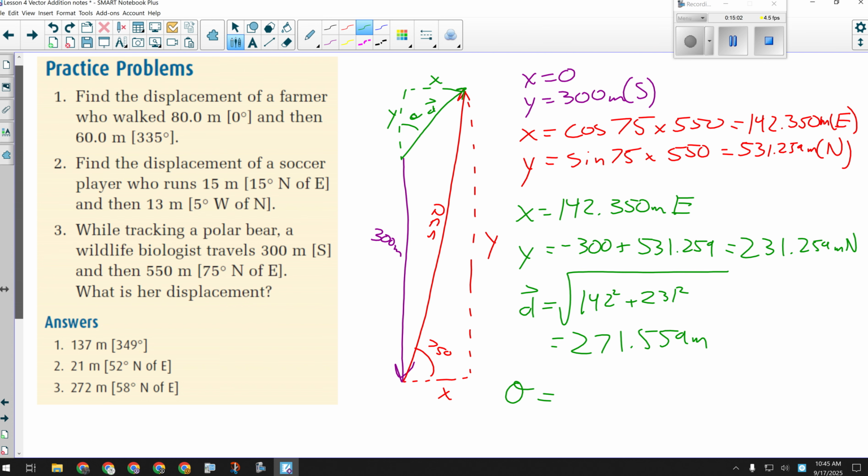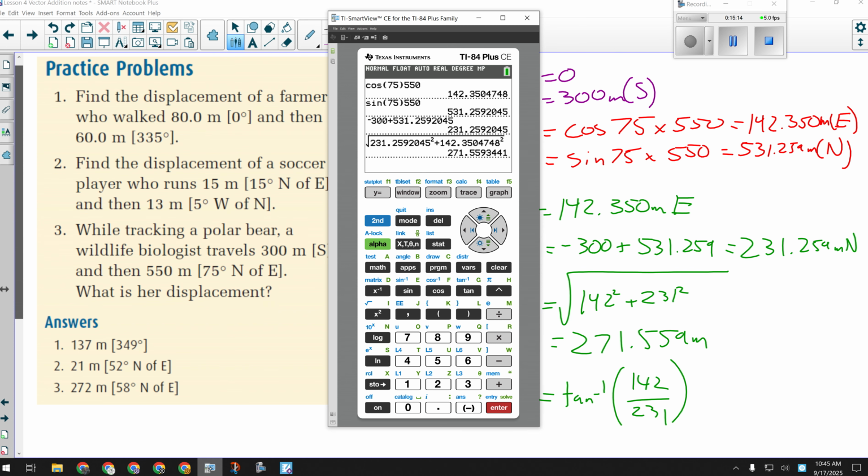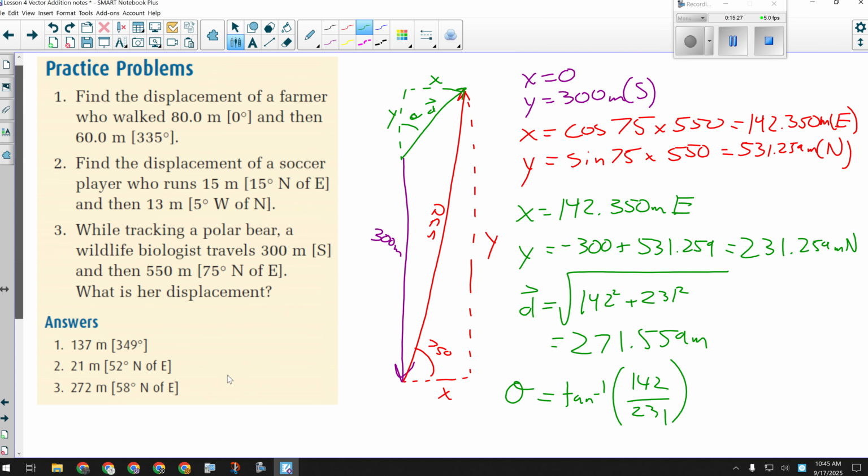The way I drew it, x is opposite, y is adjacent, so that's going to be tan to the minus 1 of 142 divided by 231. Okay, so I'm looking at 31.6 degrees.